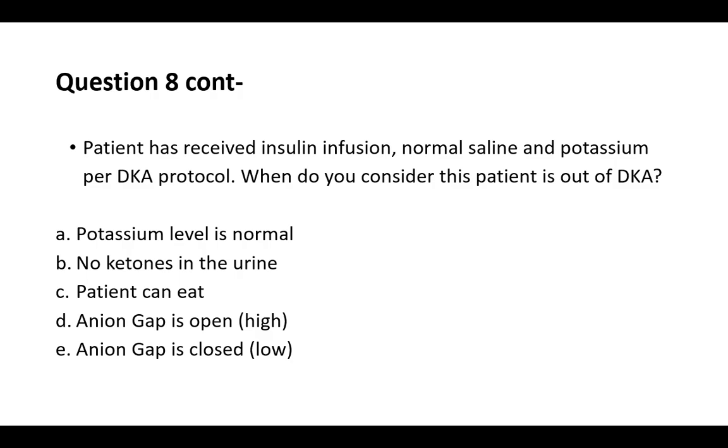When you are in the ICU as a medical student, you will see a lot of things being done: patients being rushed quickly to the floor, patients being discharged home, without looking at the anion gap. They look at just the pH, they look at the blood sugar being normalized, the patient not needing insulin, and they turn off the insulin drip. They should always look for the anion gap, and look for the bicarb.